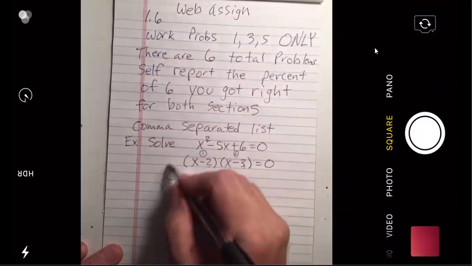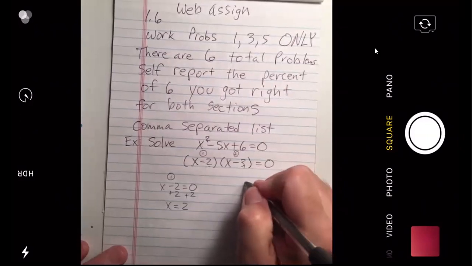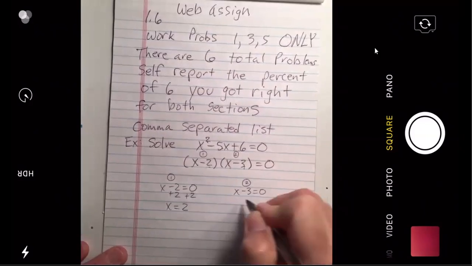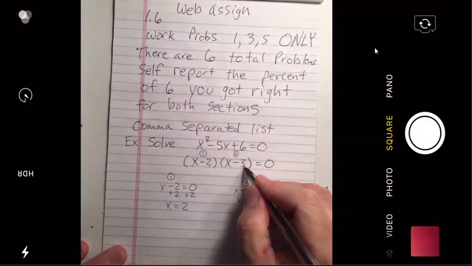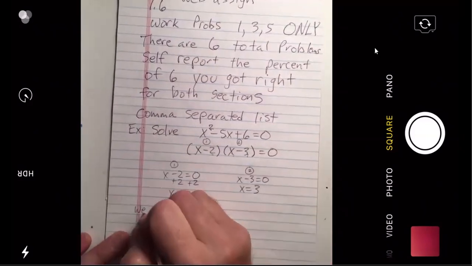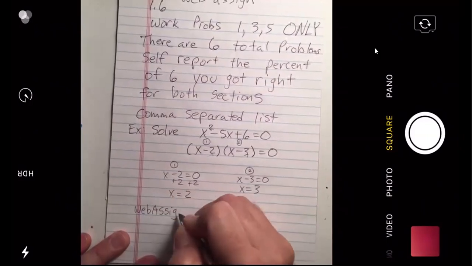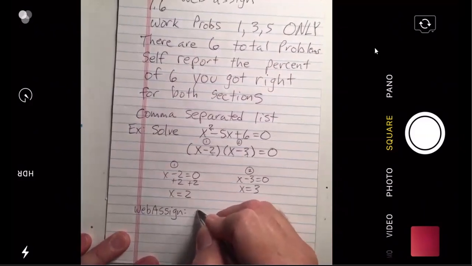I could also plug it back up here into this form and show it works, but I won't take the time. On number 2, x minus 3 equals 0. The x has got to be 3. Again, 3 minus 3 is 0, times this is 0. Now, in WebAssign, when they say comma-separated list, you'll usually have a box.